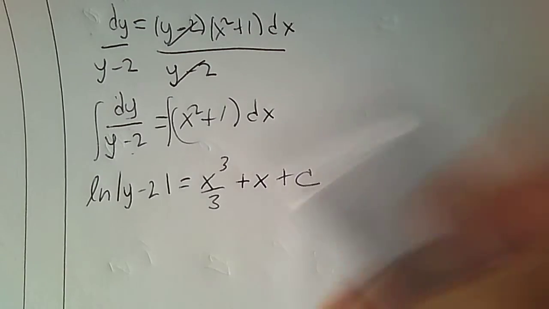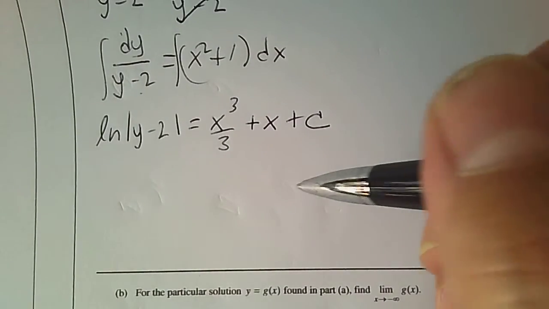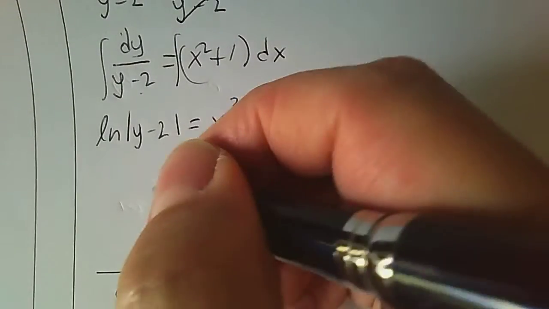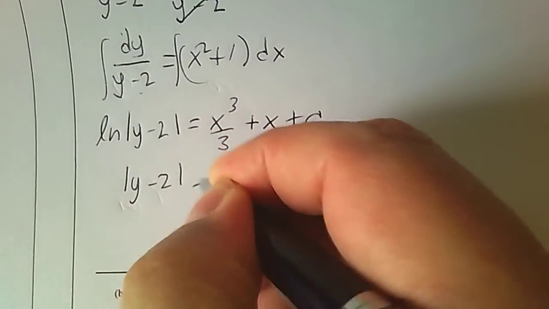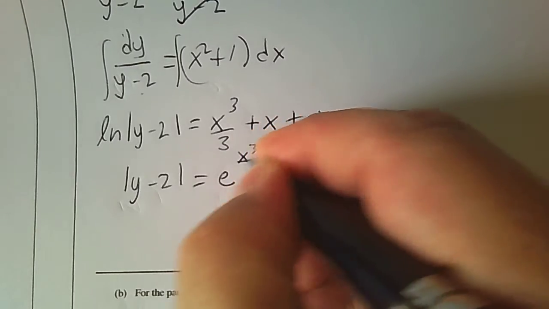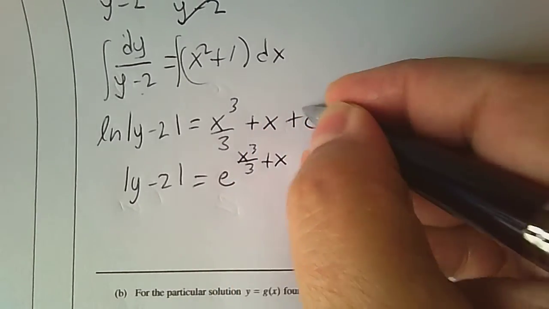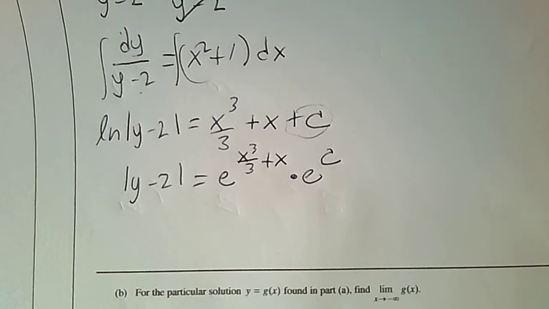Next, we're going to get y by itself. So to get y by itself, we are going to undo the logarithm. So to undo the logarithm, we're going to write it as an exponential. Recognize this last part, plus c, could be just written as e to the c.